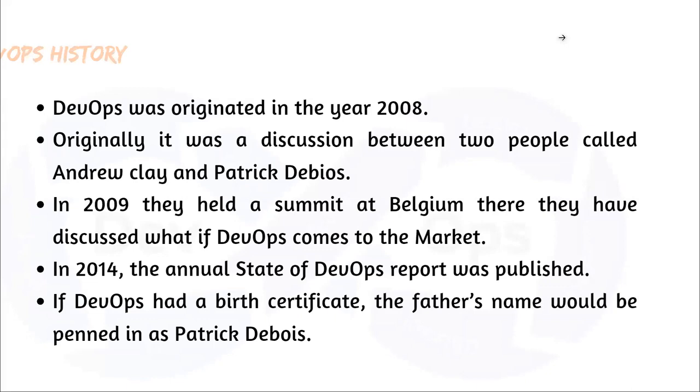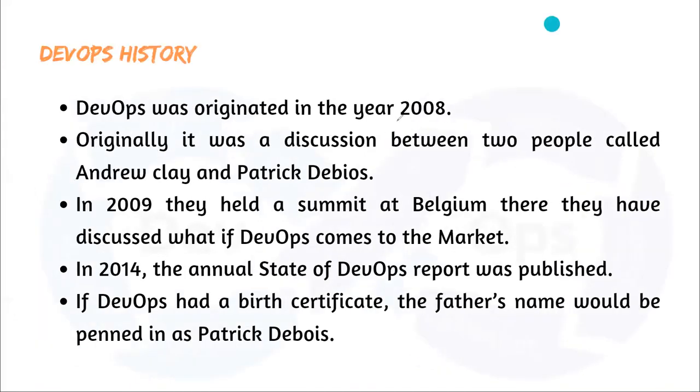So originally, DevOps came into the market in which year? Remember guys, 2008 is the most important year to remember. Go language, Google's official language, came into the market in 2008, and DevOps also came into the market in 2008.